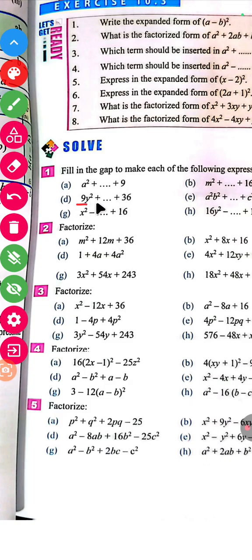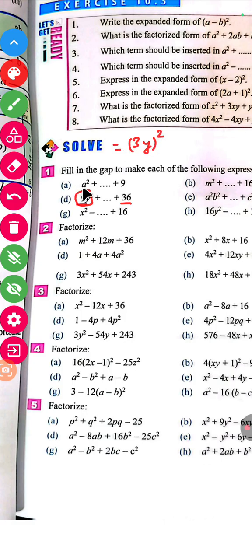Let us see question number D. What do we have instead of a? Instead of a, we have 9y square. Instead of a square, we have 9y square. If you convert 9y square into a square, we can write it like this, (3y) square.